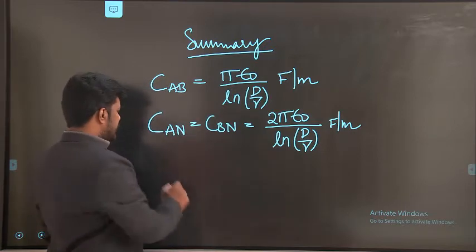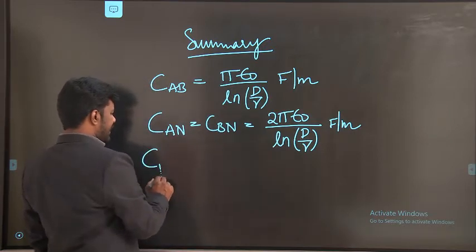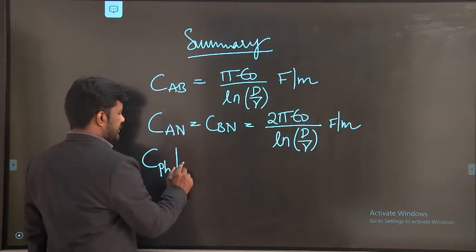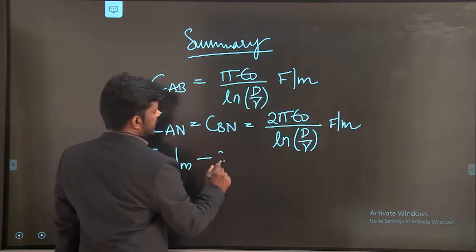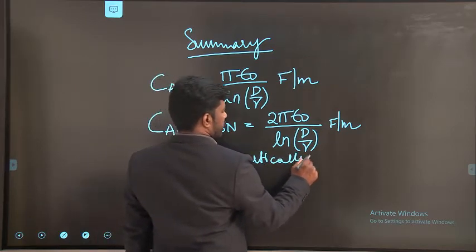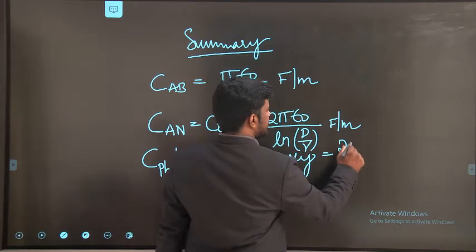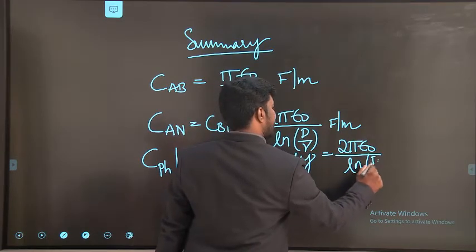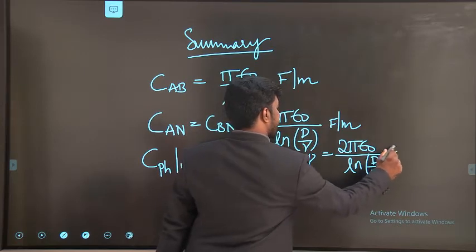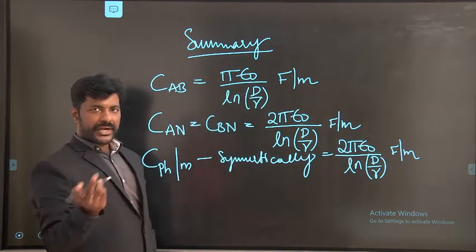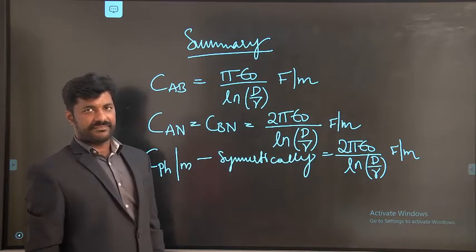And next, the capacitance for one conductor, called C phase, for 1 meter length was calculated for symmetrically spaced conductors. For that we got the formula 2 pi epsilon naught divided by ln of capital D by R farad per meter, where capital D is the distance between any two conductors of a 3-phase 3-wire system.